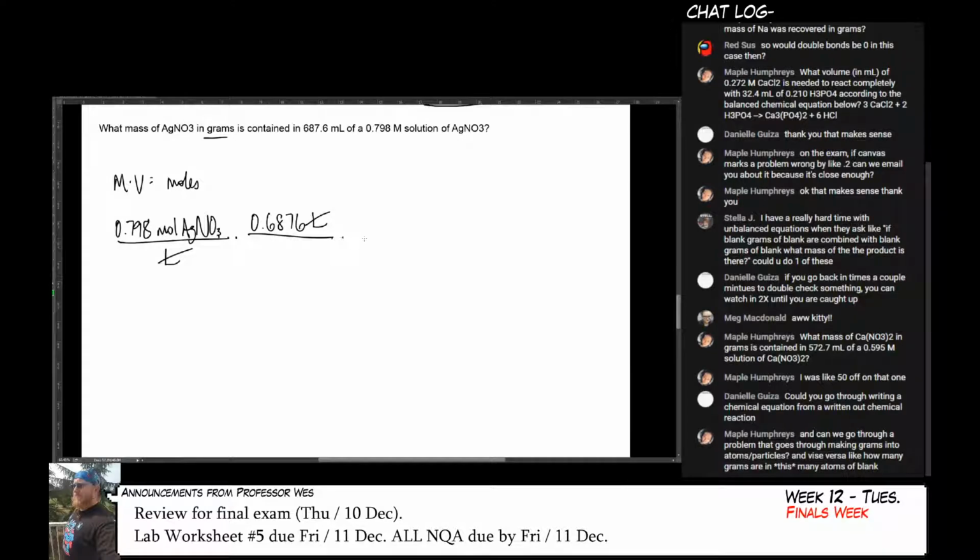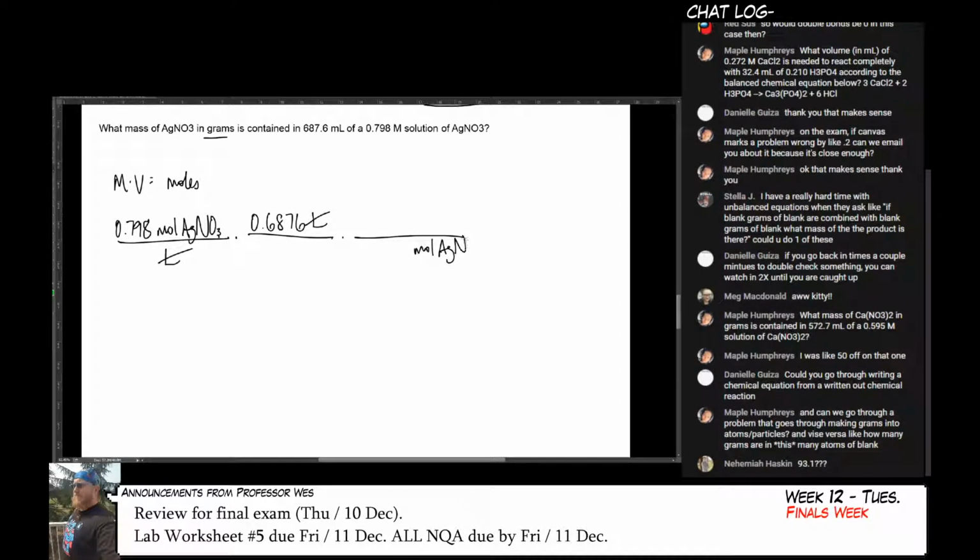And then I could multiply that by the mass in grams per mole. Why is Photoshop getting slow now? Okay.